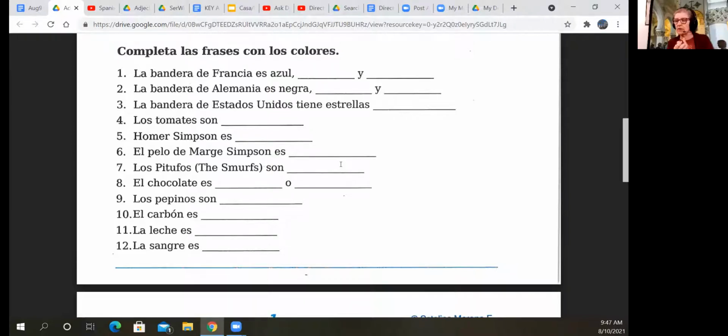Muy bien, muy bien. La leche, milk, la leche es blanca. Perfecto. La leche es blanca. The milk is white. La sangre, sangre is blood. La sangre es roja. La sangre es roja.